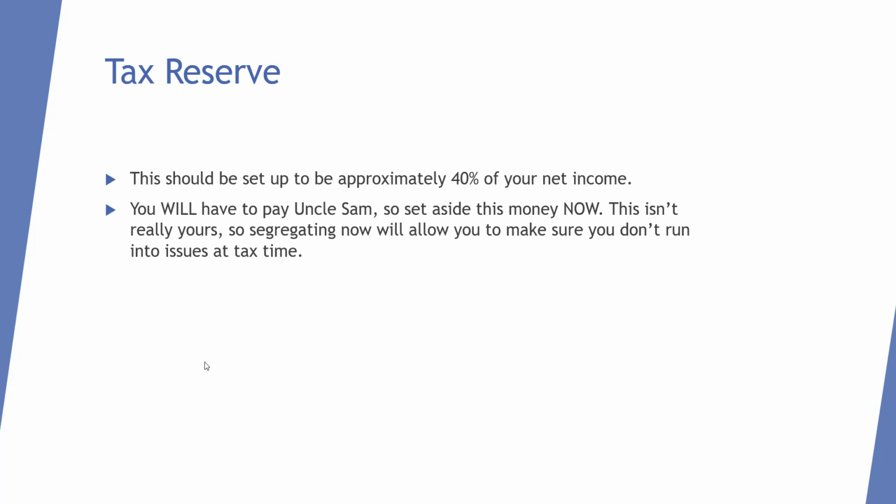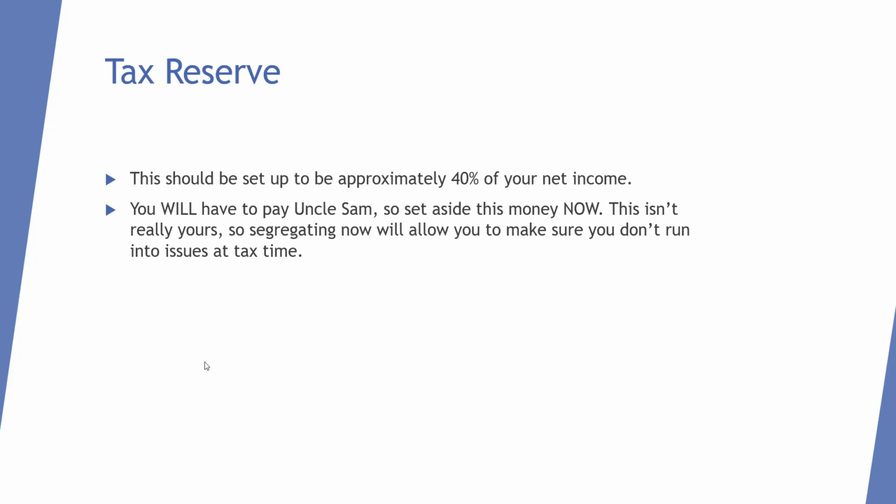But this will help you set aside, and by that you're going to be able to make the payment. And if you have excess, hey, you can either roll it over to next year and use it for your calculation of 40%, or you can disperse it out if you so choose.